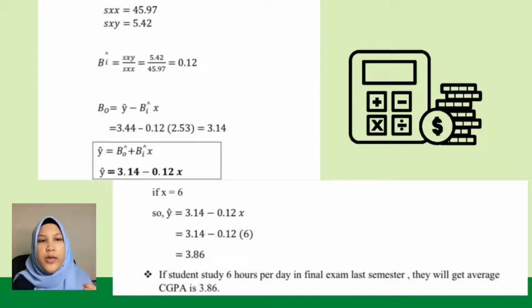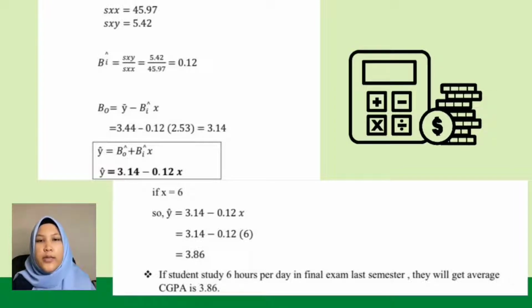Sxy divided by Sxx and get the answer 0.12, and B0 equals y bar minus B1 x bar. So the answer is 3.14 and y equals 3.14 minus 0.12x.